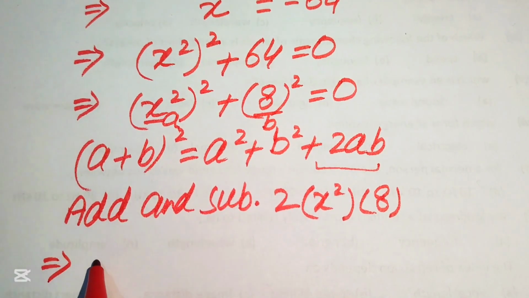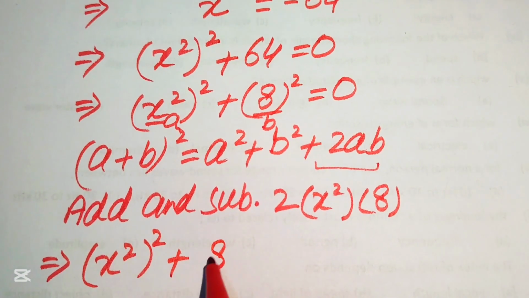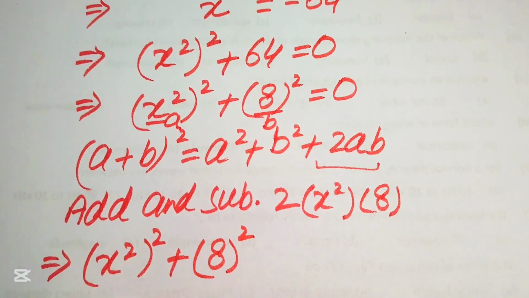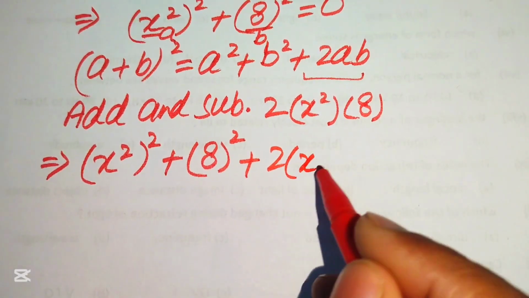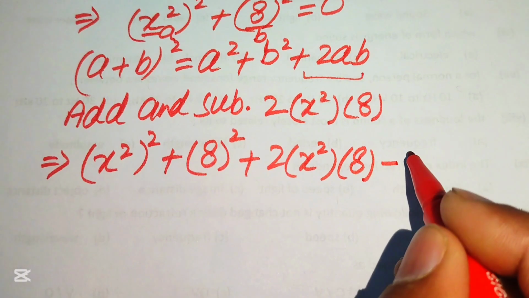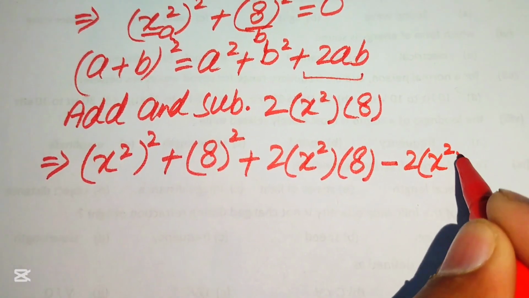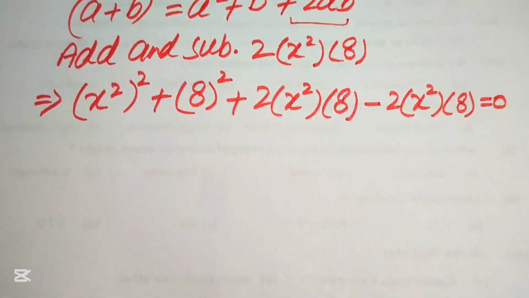So our above equation is written as x square and its whole square plus 8 square, plus 2 times x square into 8, minus 2 times x square into 8, and this whole equation equals 0.